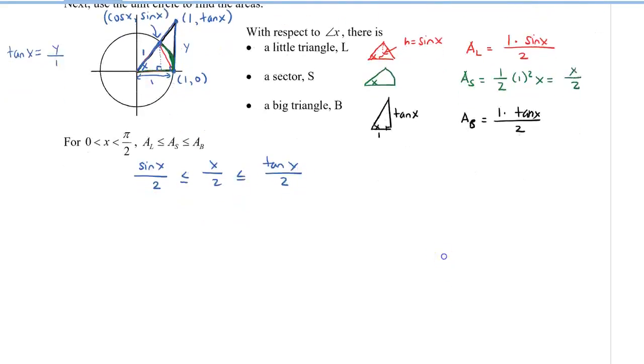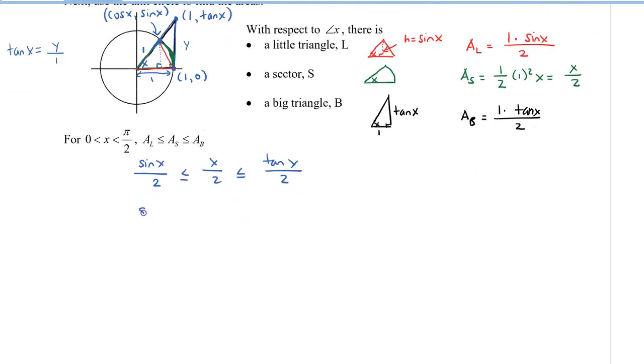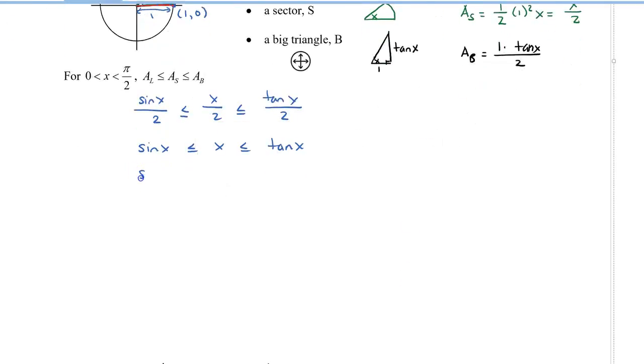Since they're all divided by 2, I can get rid of them by multiplying them all by 2 if you like. However, we also know that tan x is equal to sin x over cos x, from my trig identities.